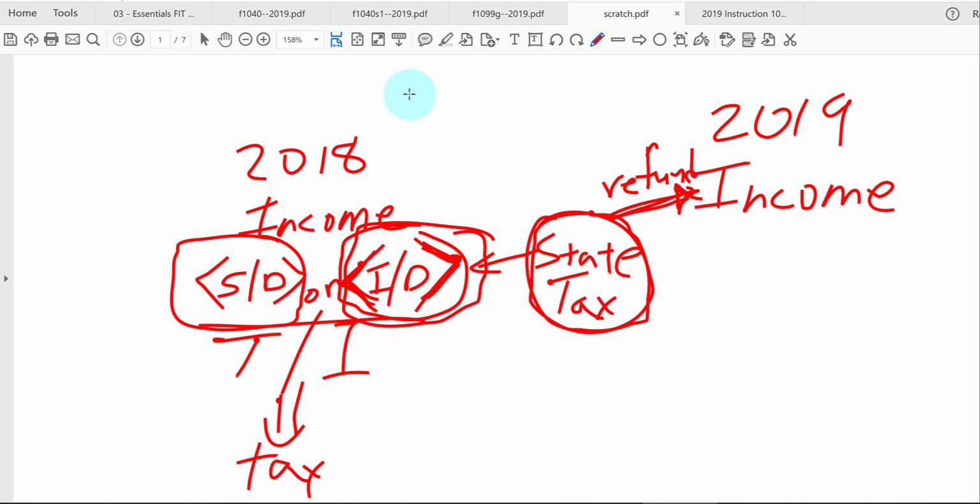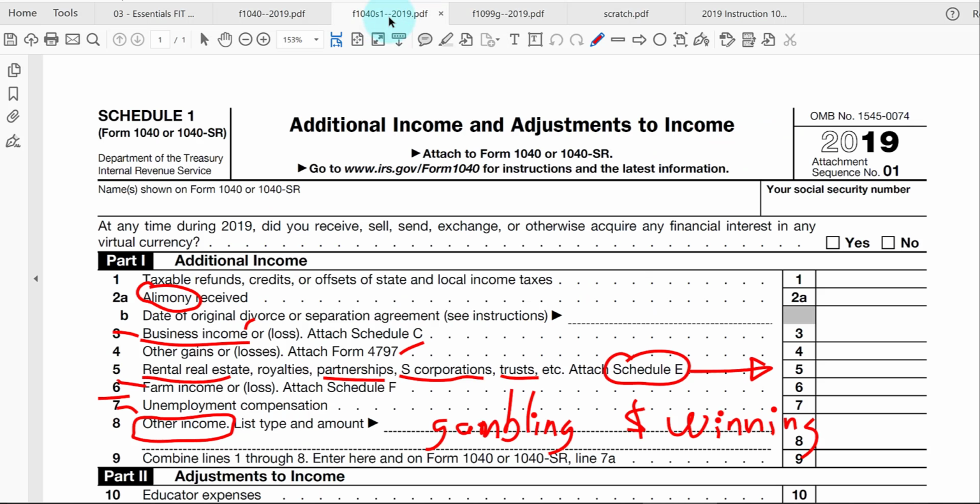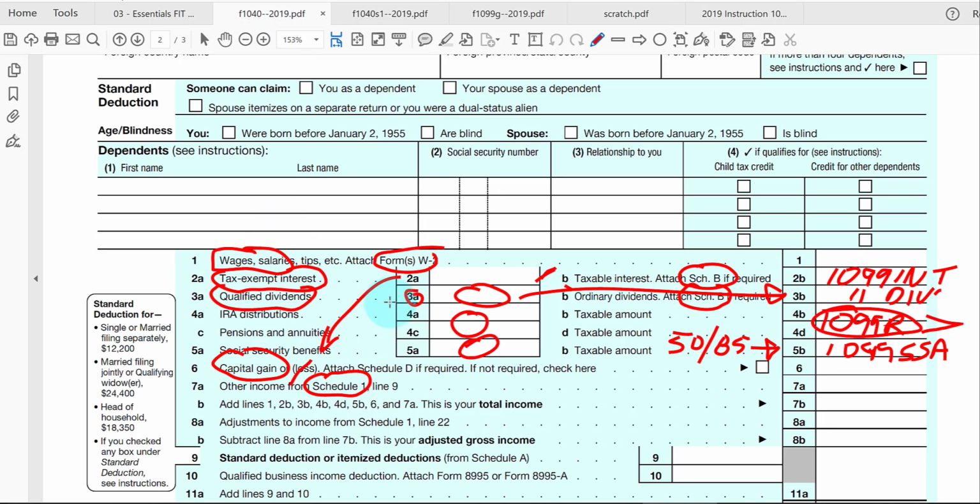So again, a common type of income way down here would be gambling winnings, awards and prizes. Maybe jury duty pay is another common one. You add up all of this miscellaneous income and get a subtotal that goes back to the 1040 form in line 7A, which you total up in line 7B.